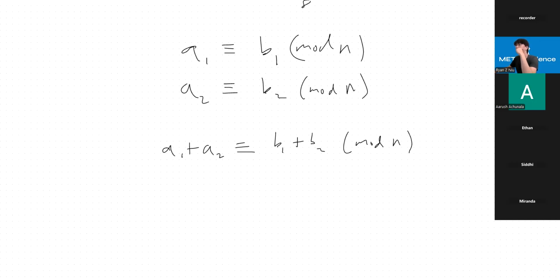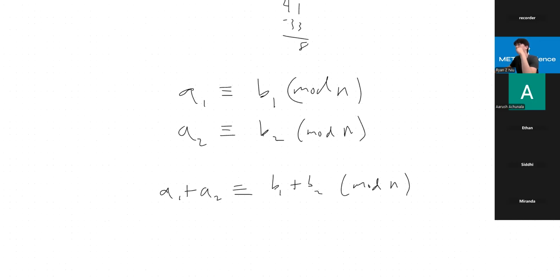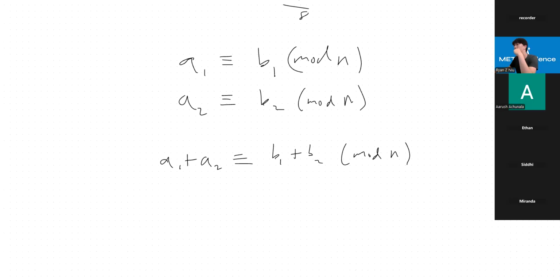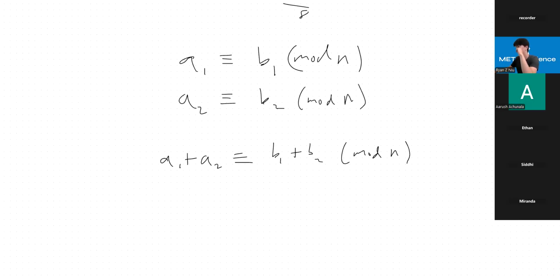If A1 leaves a remainder of B1 when we divide by n, and A2 leaves a remainder of B2, then when we add these two numbers together, they have a remainder of B1 plus B2 when we divide by n.